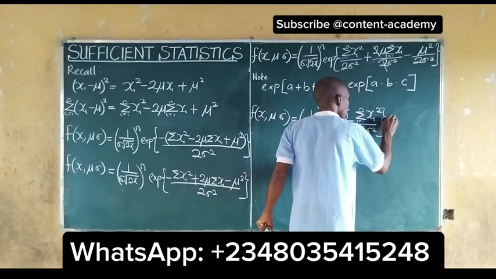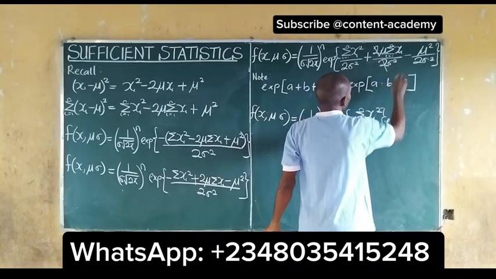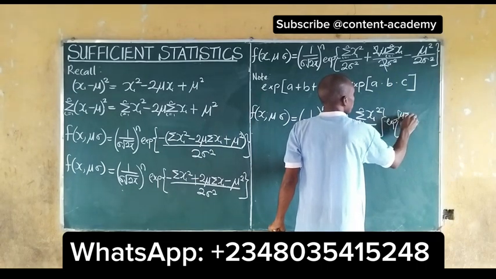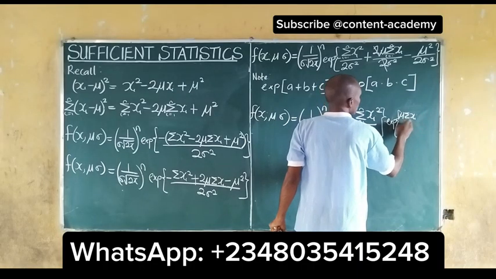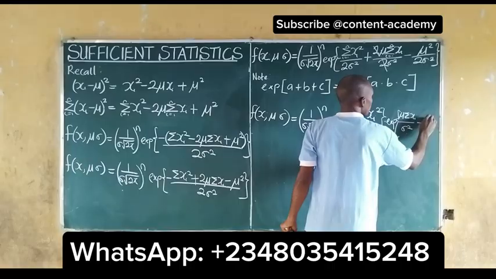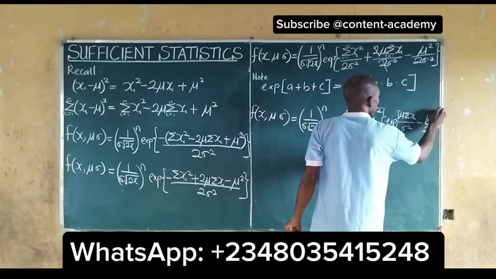We have multiplied by exponential. We are now left with mu summation of xi all over sigma squared minus mu squared all over 2 sigma squared.